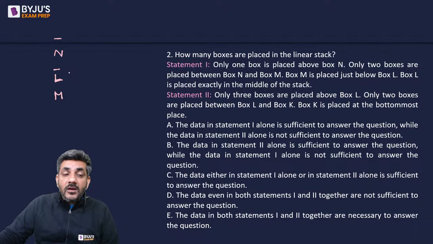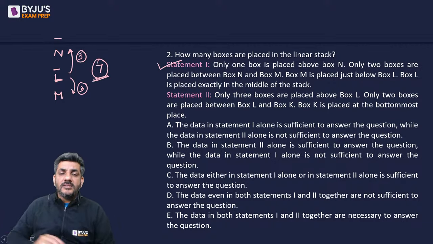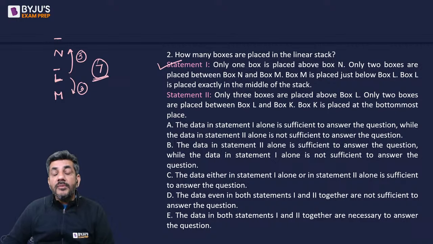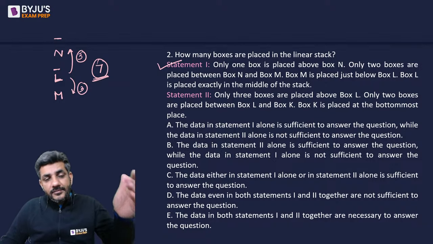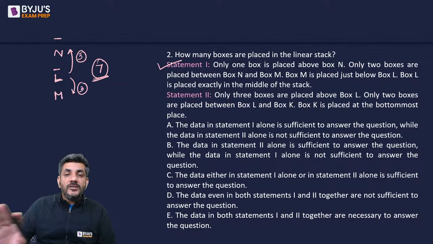If L is in the middle of the stack and I see there are three boxes above L, there must be three boxes below L, and that means there are total 7 boxes in the stack. This gives me the answer. Statement 1 is exactly telling me how many boxes are there in this stack, because L is in the middle. I surely know that there are 3 above L. There must be 3 below L. That makes it 7. So statement 1 is sufficient to answer.